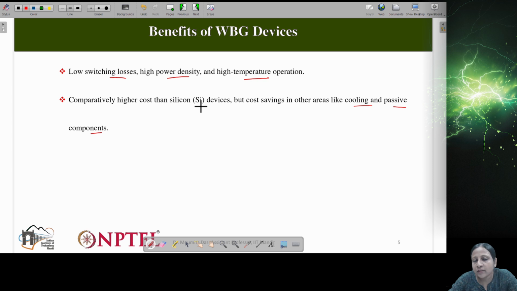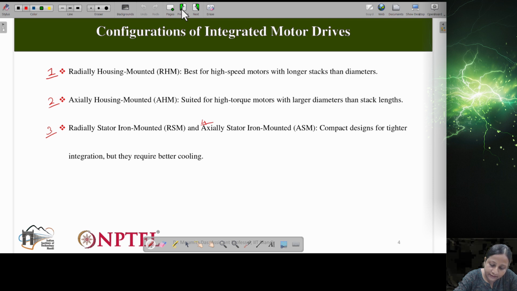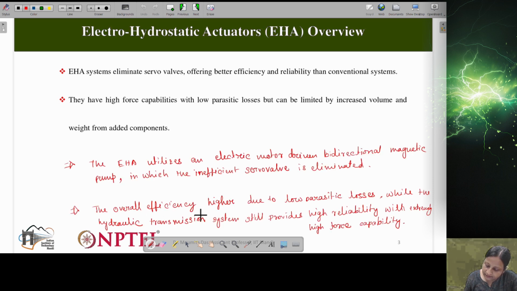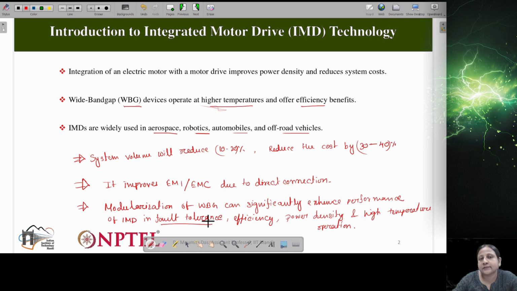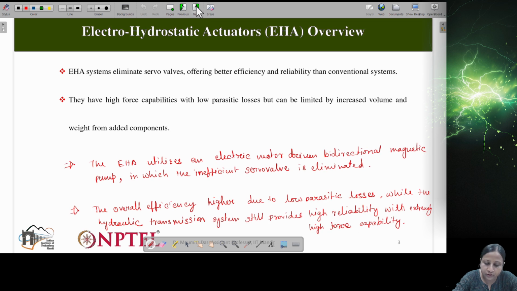But now, as we consider wide bandgap devices, there are different requirements in terms of drives and applications. As I mentioned in the previous slide, it is suitable for fault tolerant applications, so the converter configuration should be able to handle a fault happening in the motor.